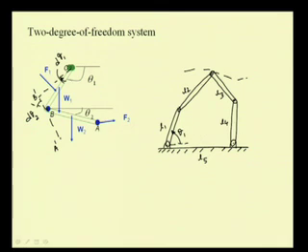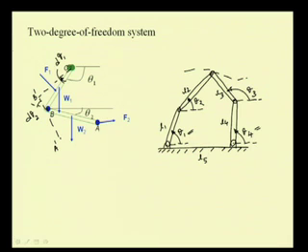And in order to completely define this configuration, you have to define one more angle, say this theta 4. Then these two angles, that is theta 2 and theta 3, can be determined in terms of theta 1 and theta 4. So, this is again a 2 degree of freedom system, where the configuration of this system is completely defined if we define these angles theta 1 as well as this theta 4.